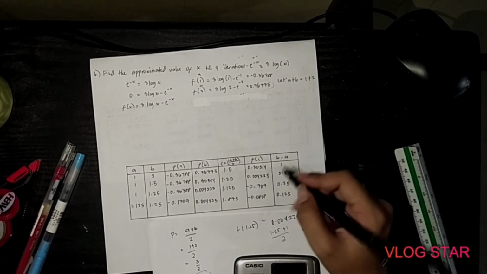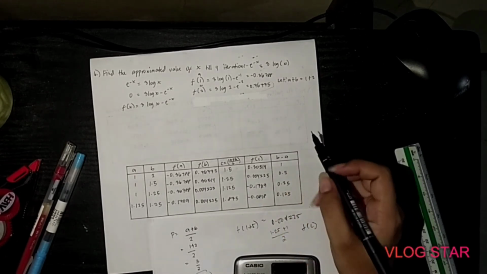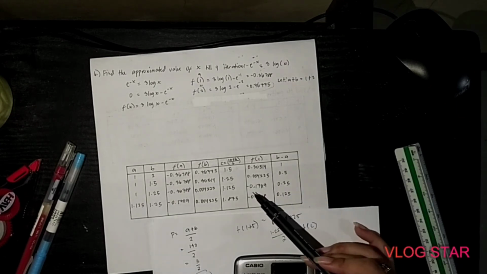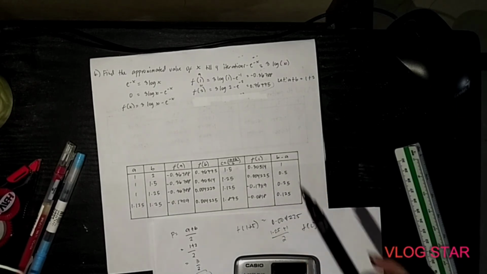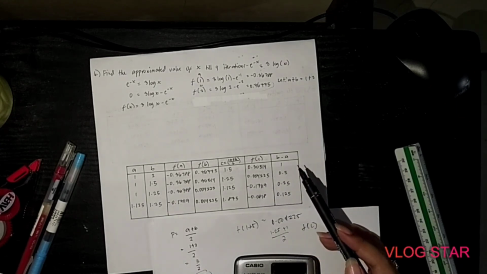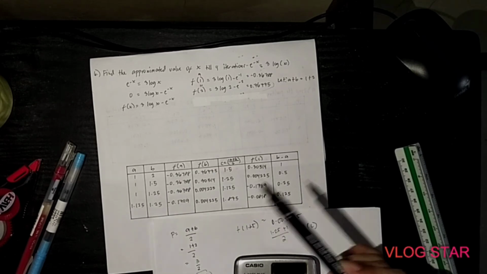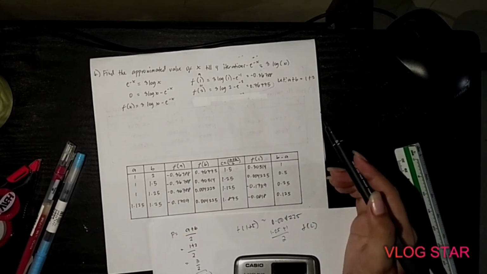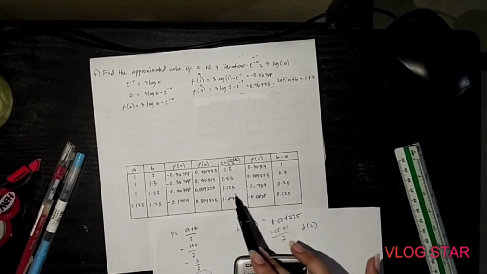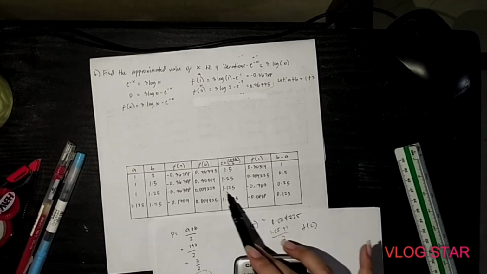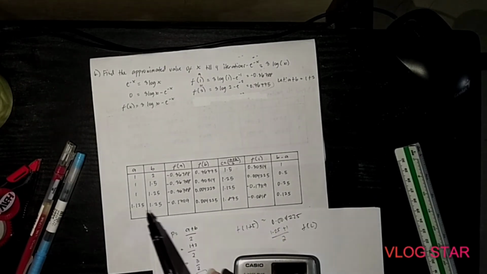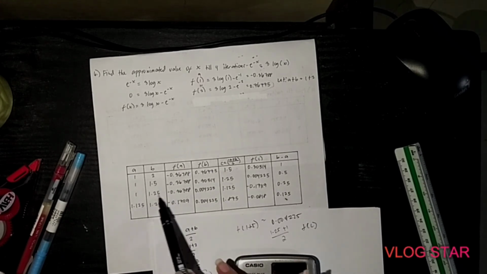And now, take note that we have a negative. This negative will be redirected to the value of a. So let's now replace the value of a with this, and this will become the value of a. The value of b will still be the same. It will not change from the equation.